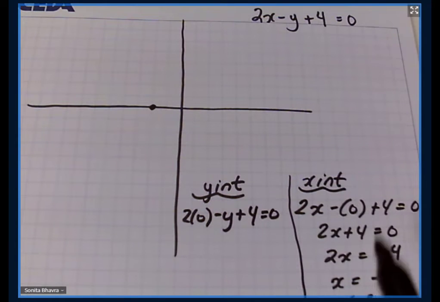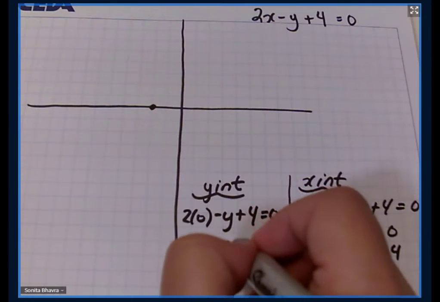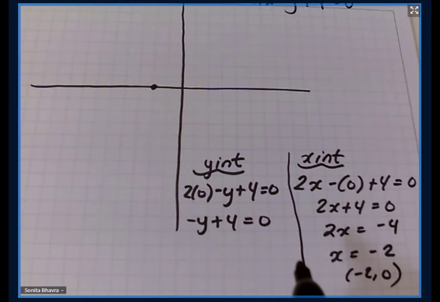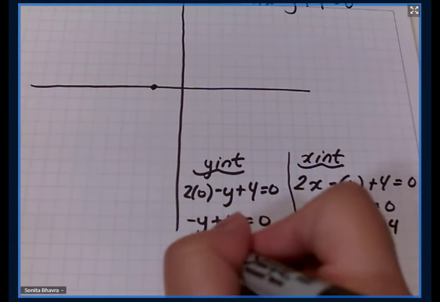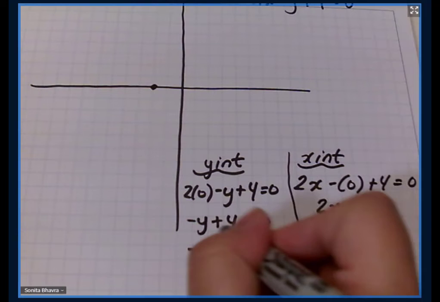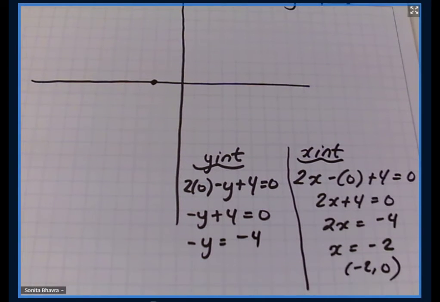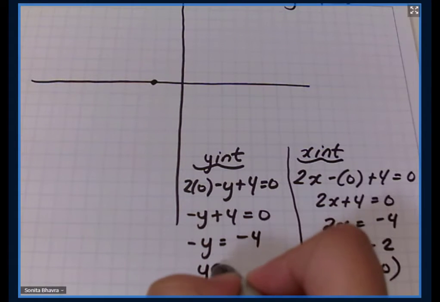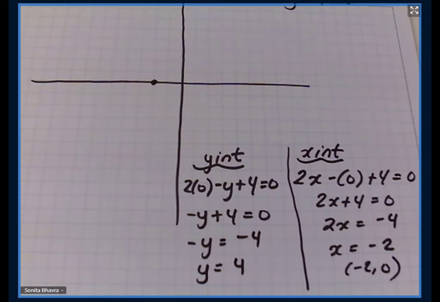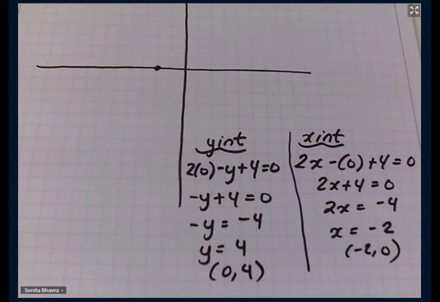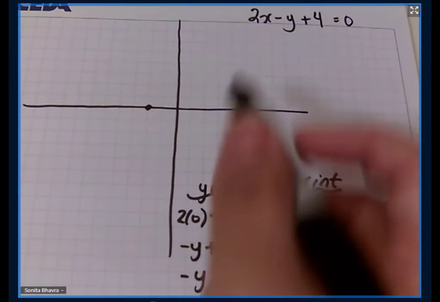And that gives me -y plus 4 equals 0. Subtract the 4 over to here. -y is equal to -4. Divide both sides by -1. So y is equal to +4. Okay, so our point here would be 0, +4. So I'm just going to add that point.